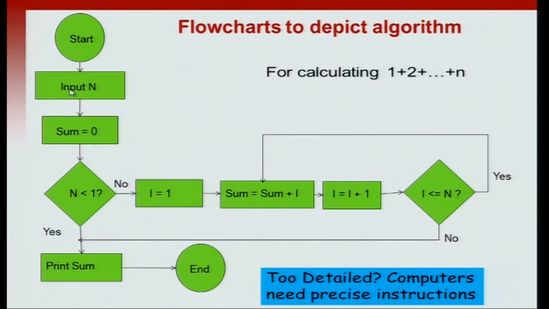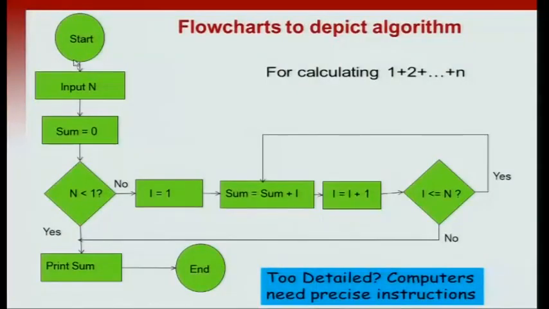Okay. So suppose you want to write an algorithm for adding the first n numbers. All of you know how to do it. The point is, how do you describe this step by step to somebody who doesn't know it already? So first you have to take what is the upper limit n, and then you have to sum them up. So one way to sum them up is start with an initial sum of 0 and then add numbers one by one.